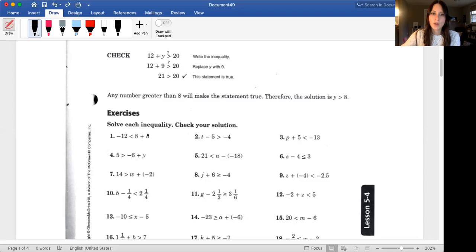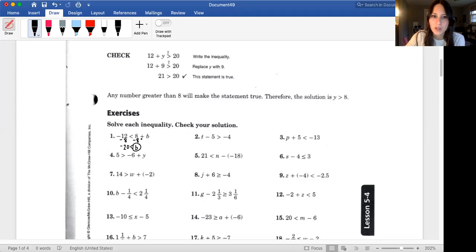So if I want to solve for b, I'm going to subtract 8 on both sides. Negative 12 minus b is negative 20. I'm going to bring my inequality sign down, and that's less than, and then b. So when we read this, if you want to read out loud with me, we have negative 20 is less than b, which means the value for b in this equation can be anything as long as it's greater than negative 20.